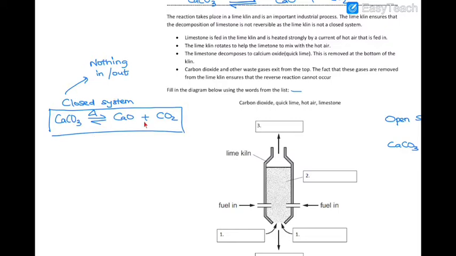All these remain together. So when these combine, calcium carbonate is formed again. So in a closed system, this reaction is reversible. So you'll have a mixture of reactants and products.